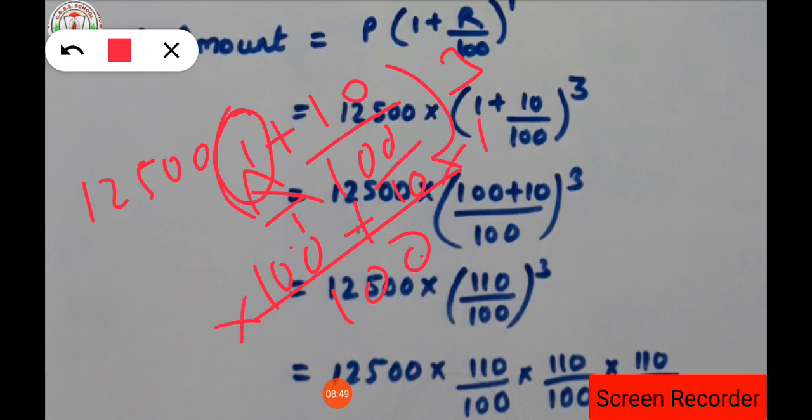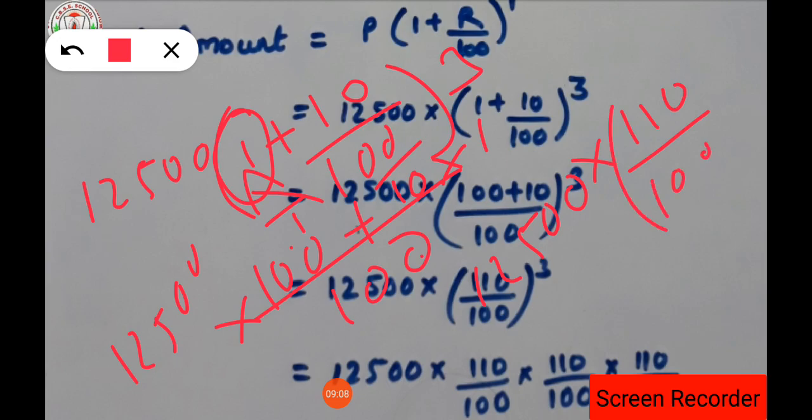Into 12,500. Now 100 plus 10 will be 110 upon 100, whole to the power 3.